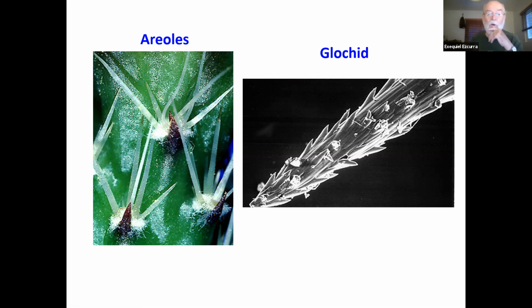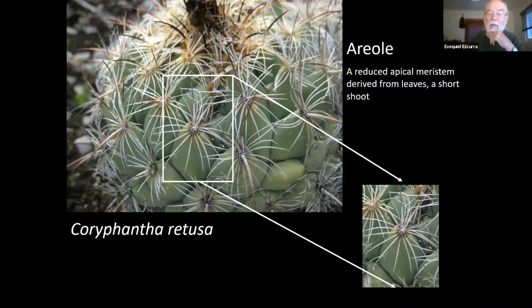The stem stores water. And of course, storing water in a dry season, in a desert, doesn't seem like a good idea because most animals will want to eat that water stored. One might want to eat that green tissue. So cacti defend themselves with spines to prevent from being eaten.